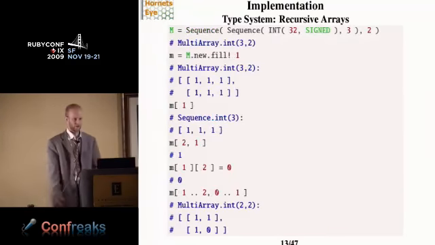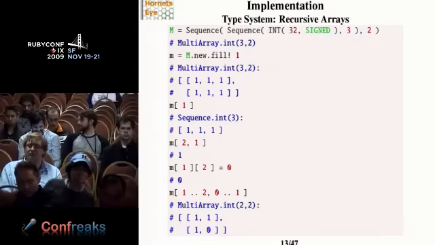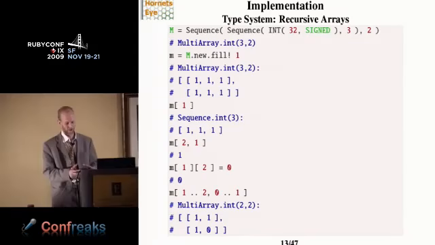And if you have implemented everything properly, this will work multi-dimensional straight away, so you can create an array of arrays. So you say, in this case, a 32-bit integer array, a 3 times 2 array. And if you implement some inspect methods to do some pretty printing, it'll pretend to be a multi-dimensional array.